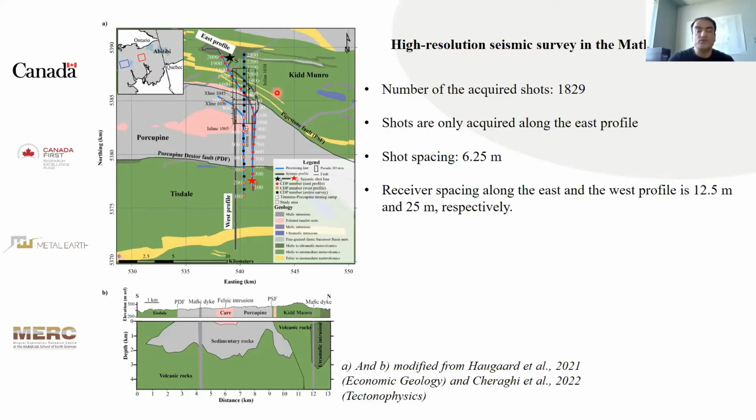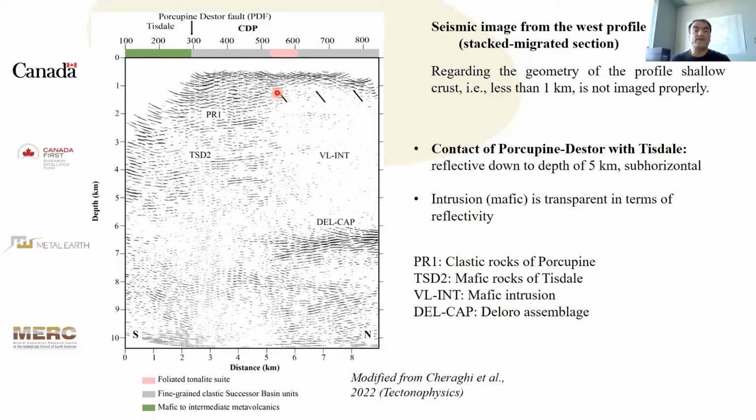I will show first the west profile, which crosses the Porcupine Destor Fault. As you see, in the shallower part the seismic image doesn't have good resolution because there is no shot on the west profile, and the distance between the east and west profiles is about 1.5 kilometers.